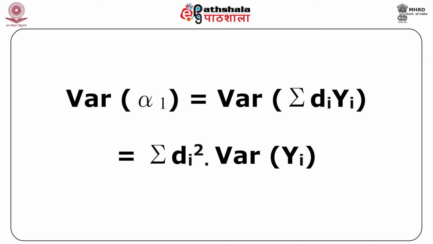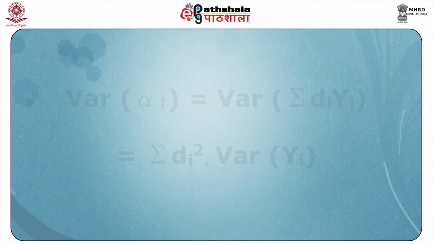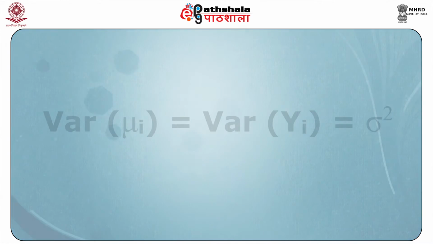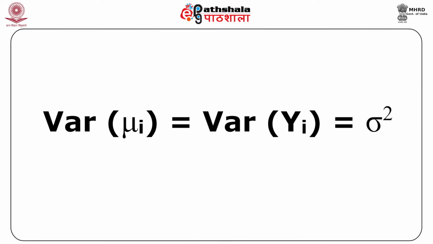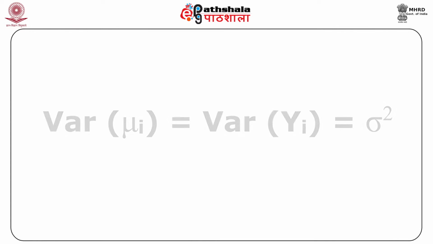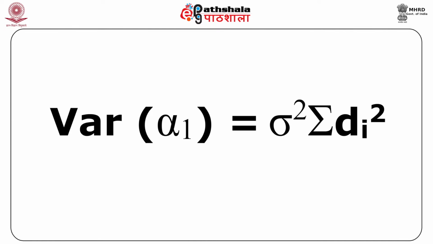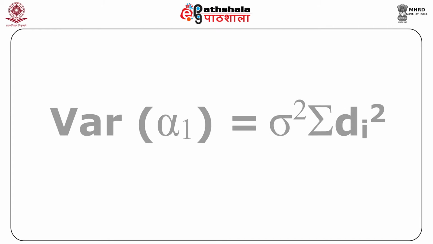Now variance alpha 1 is equal to variance summation di yi, which is equal to summation di square variance yi. As per the assumption of homoscedasticity, variance mu i is equal to variance yi is equal to sigma square. Therefore, substituting the value of variance yi, we get variance alpha 1 is equal to sigma square summation di square.